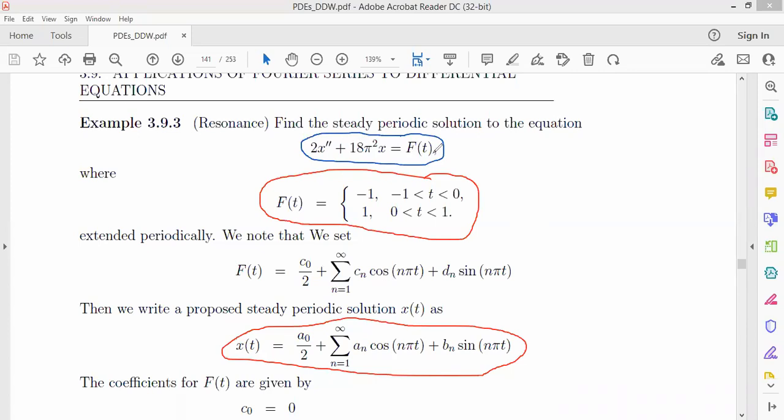So the nature of ft should be mimicked in this x here. And I started by reviewing part of our differential equations 1. When you looked at solving non-homogeneous equations, you would look at that function that would make that equation non-homogeneous.